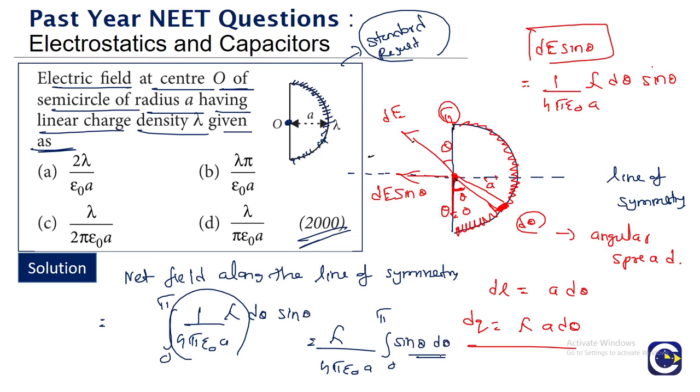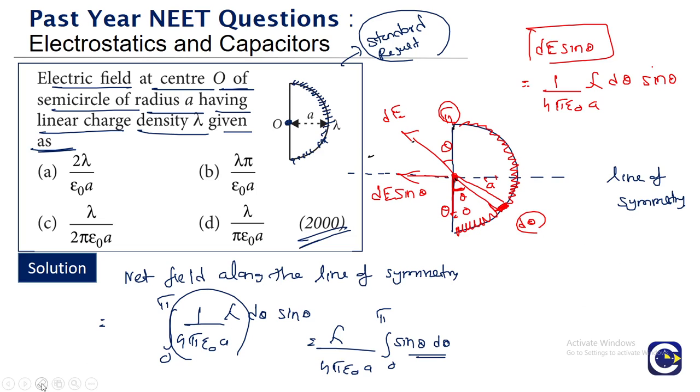Here we have to use some of the standard integration relations. Integral sine theta d theta will be minus cos theta.